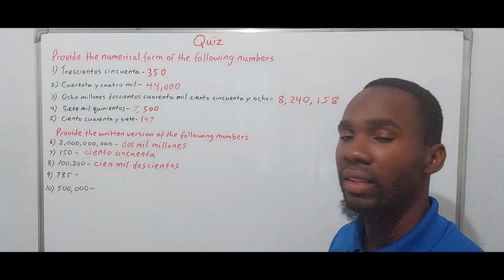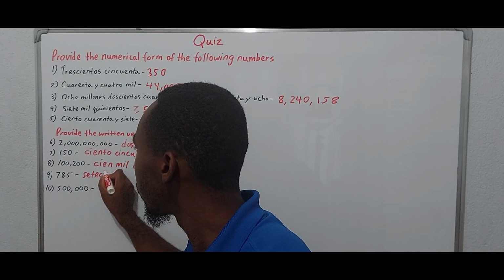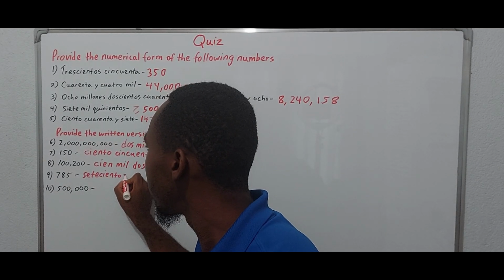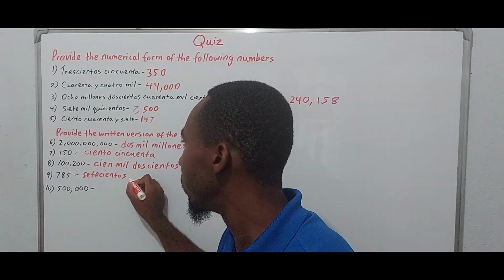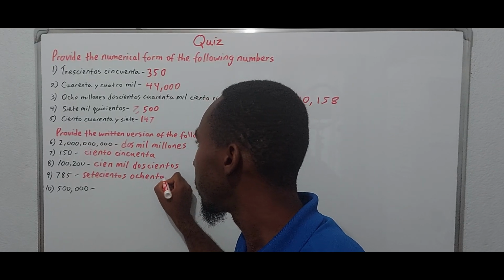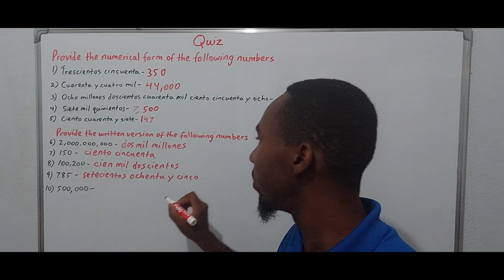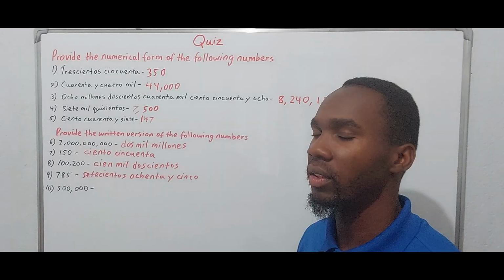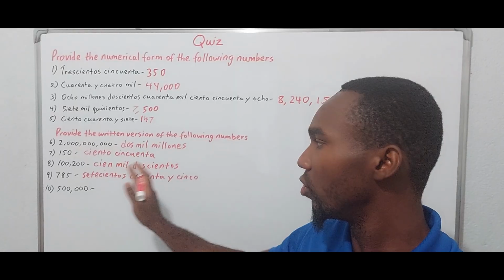So how do we say 700? Setecientos. How do we say 80? Ochenta. And how do we say 5? Y cinco. And remember, we only use the y to separate the 10 from the single digit. We don't use the y to separate the hundreds from the 10.